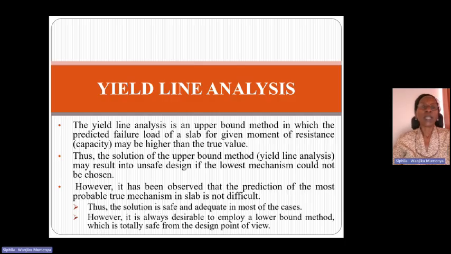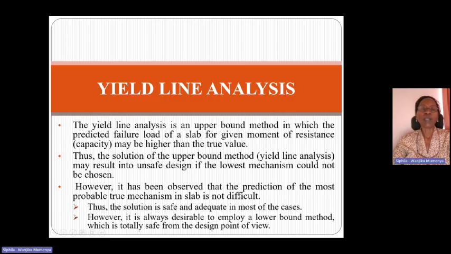So the yield line analysis is actually an upper bound method in which the predicted failure load of a slab for a given moment of resistance may be higher than the true value. Thus, the solution of the upper bound method or yield line analysis may result in unsafe design if the lowest mechanism could not be chosen.